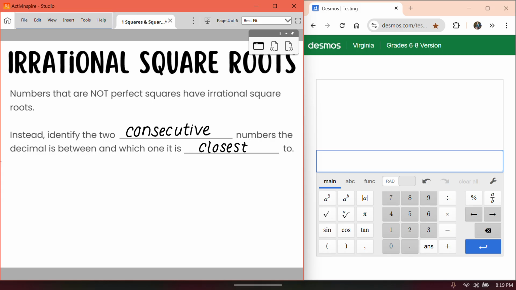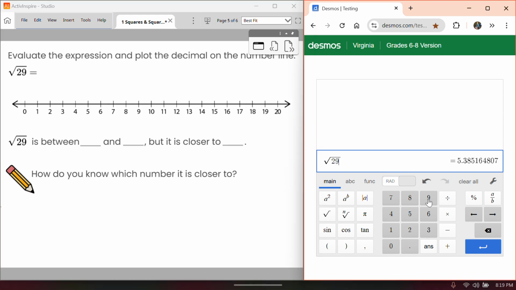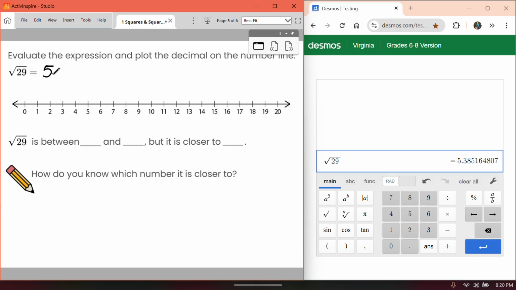And I'm going to use a number line to show you what consecutive means in this first example. So, first example is the square root of 29. And when I put that into Desmos, I do not get a pretty answer. I get 5.385164807. And then it actually keeps going forever.